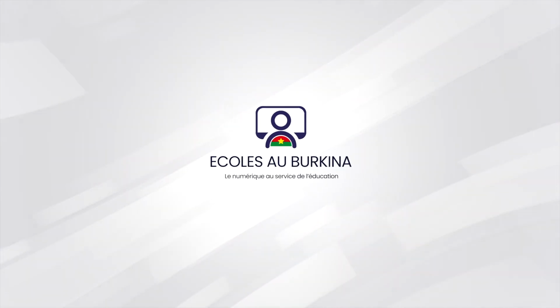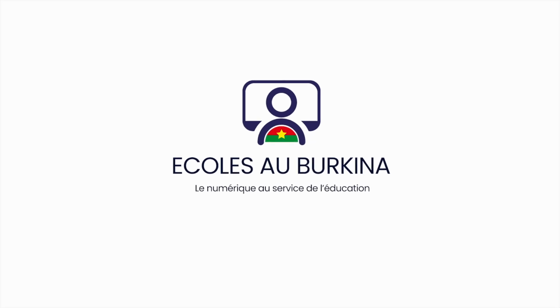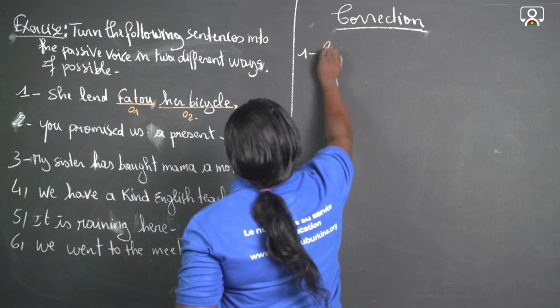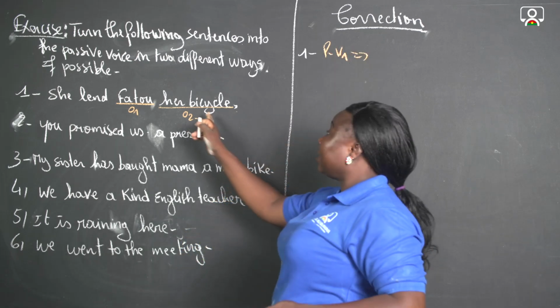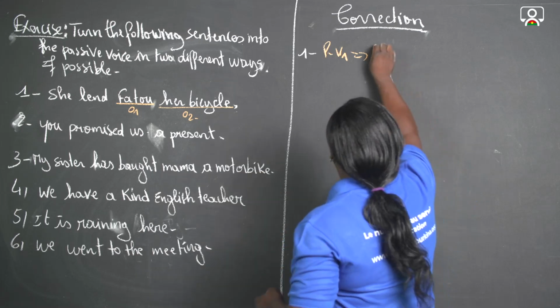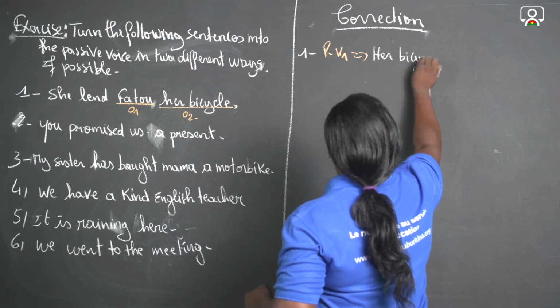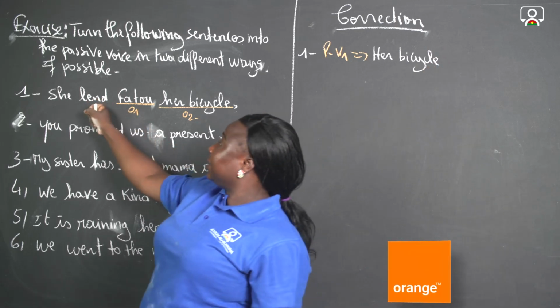So, first one, we have passive voice 1. Let's start with her bicycle. Her bicycle lent.